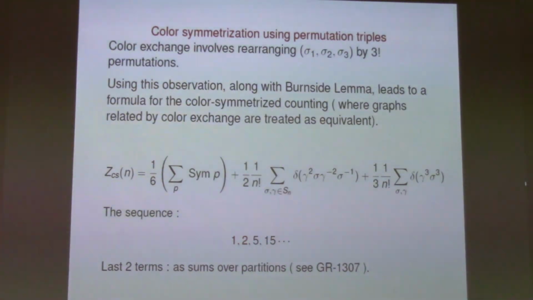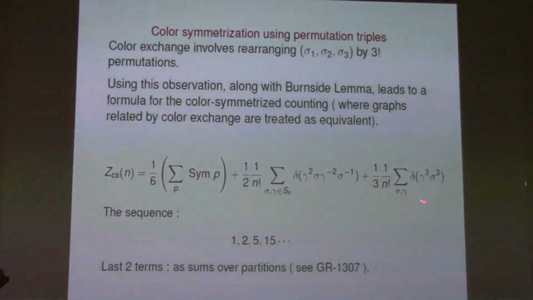That number, the number of solutions to that equation in Sn, appears here. You divide that number by n factorial, so you get something. And then there's something similar here, and there's another number here. If you add them with coefficients 1/6, 1/2, 1/3, you get the desired counting of graphs up to color symmetrization.